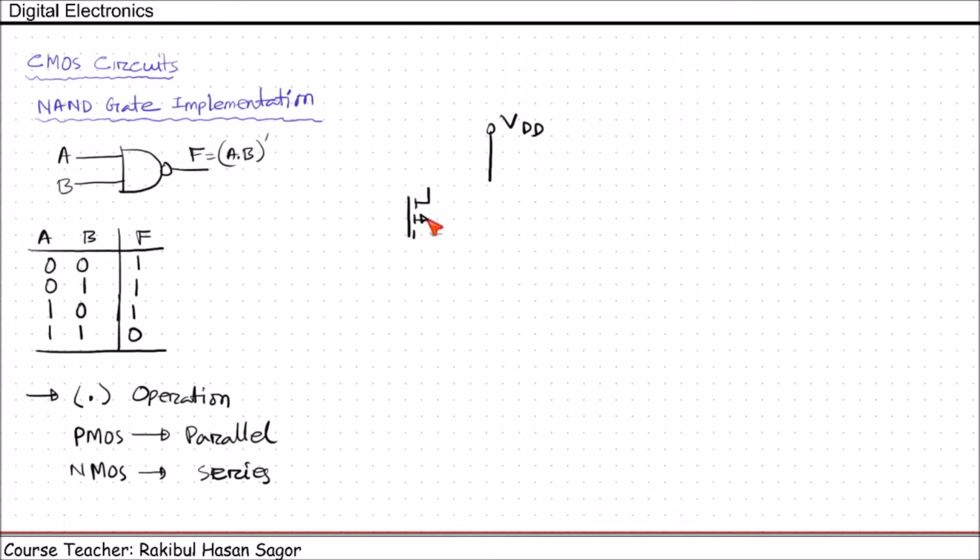This is the source and this is the drain. It's connected and we have a gate here. This gate will be named as the A input, and we need to connect another PMOS in parallel with this.